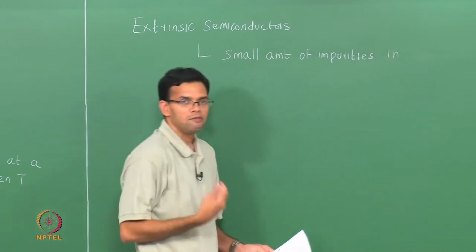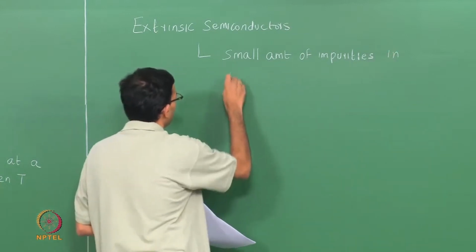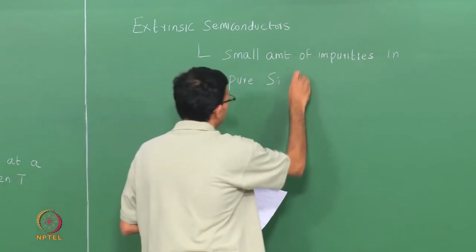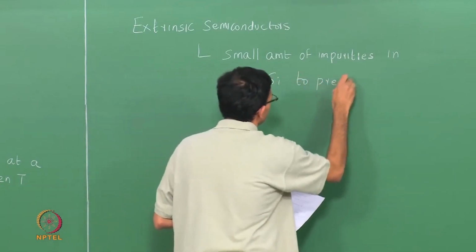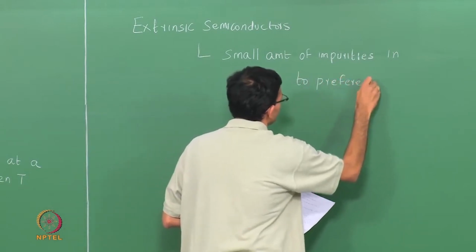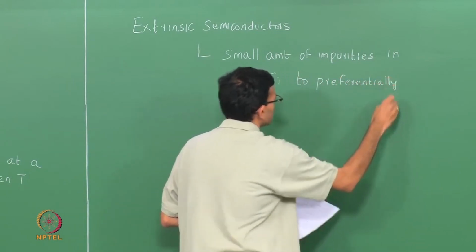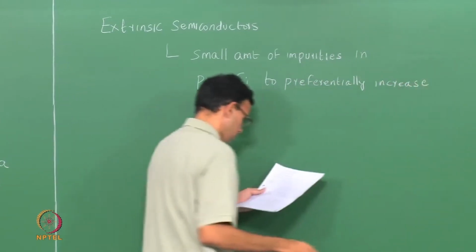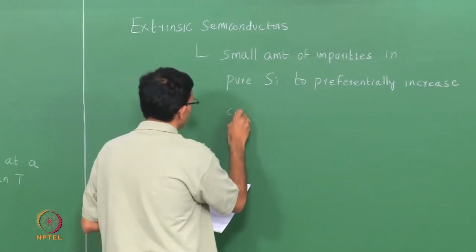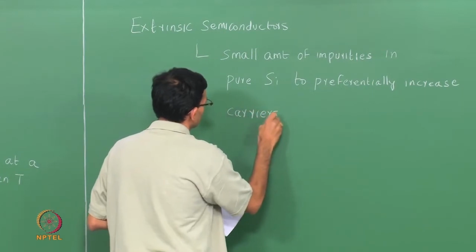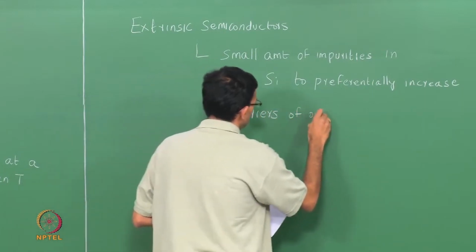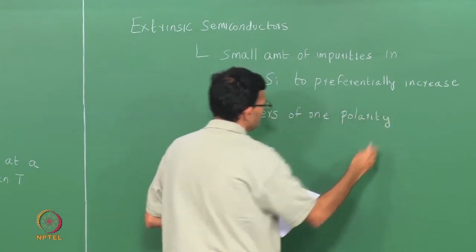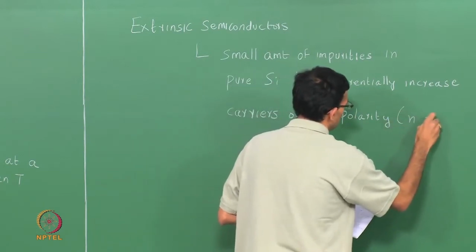Since we are dealing mostly with silicon, I will say a small amount of impurities in pure silicon to preferentially increase carriers of one polarity. That is either electrons or holes.